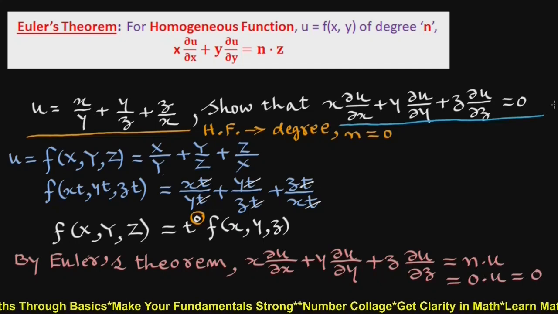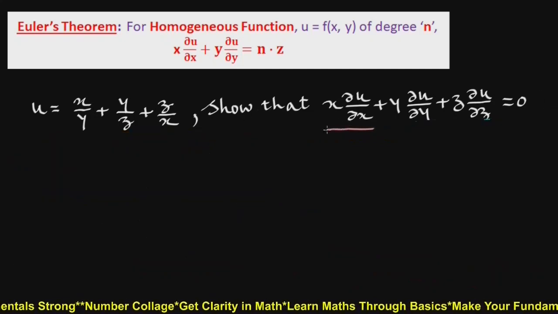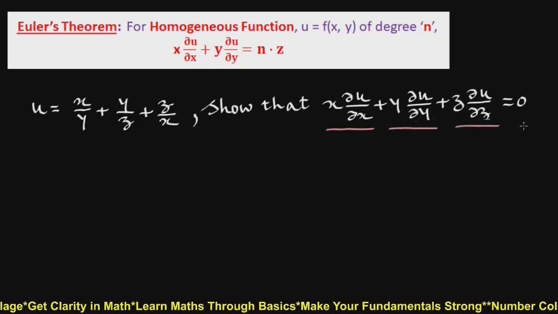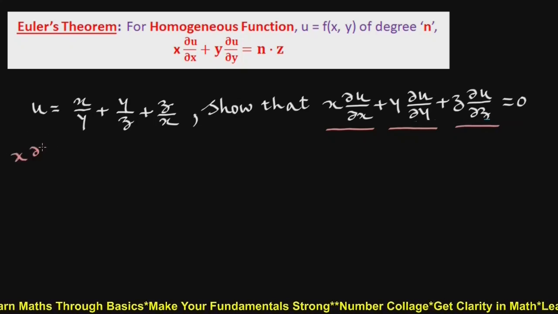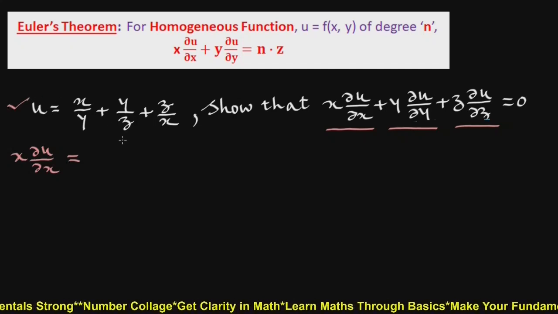Hence, this is shown. In the next method, we will find x ∂u/∂x, y ∂u/∂y, z ∂u/∂z separately, and then add them together. So first, x ∂u/∂x will be differentiating partially this with respect to x.